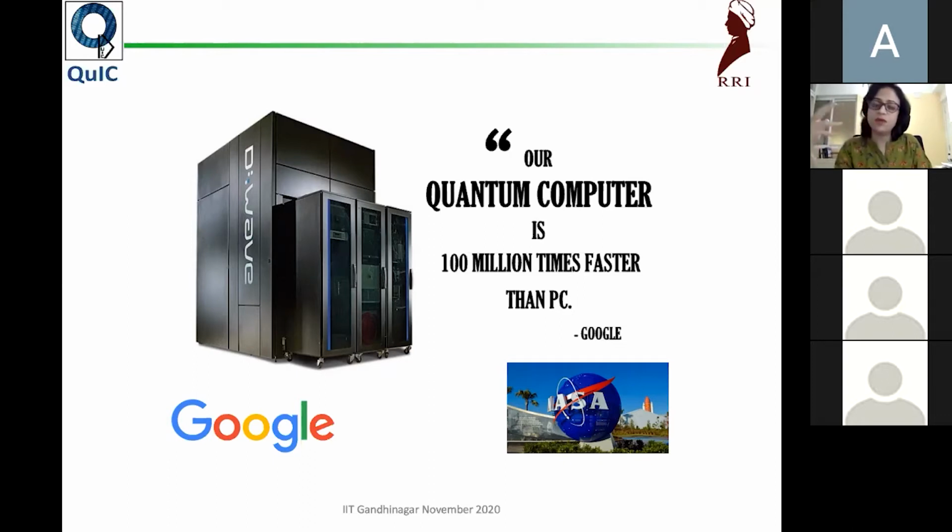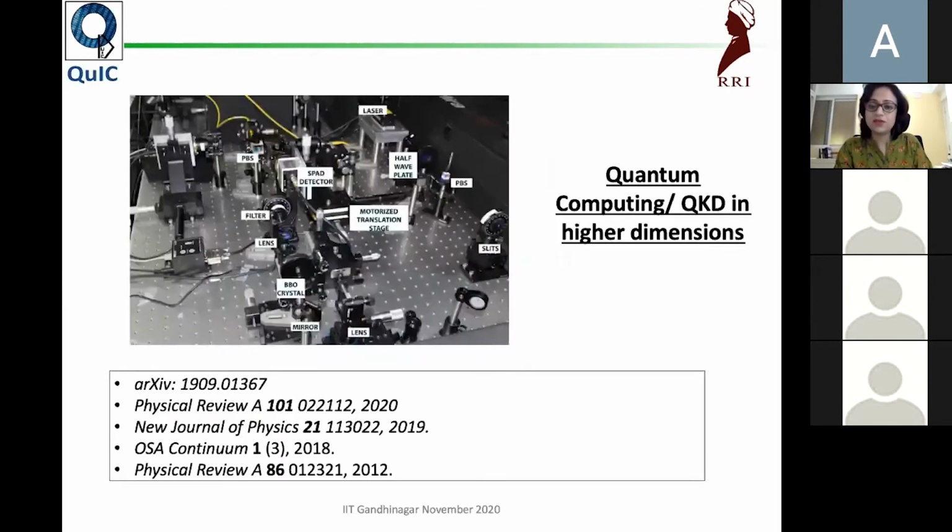So the whole world is buzzing with quantum computing applications. And so what we are doing in our lab is approaching this in a different way. Instead of working with qubits, which are 2-dimensional systems, we are actually working with higher dimensional systems towards quantum computing as well as some aspects of quantum key distribution.